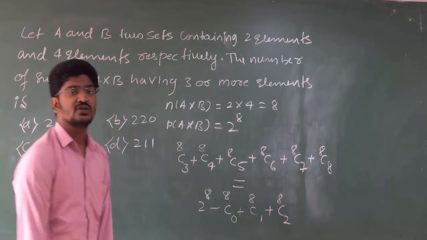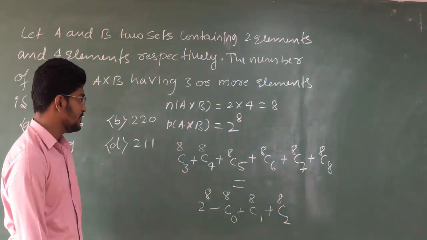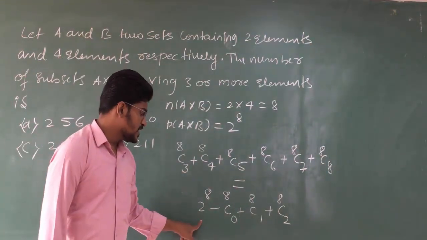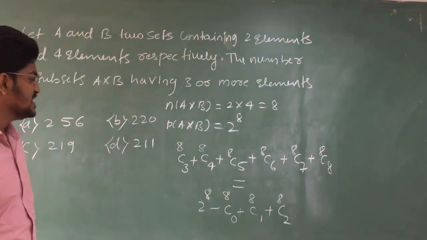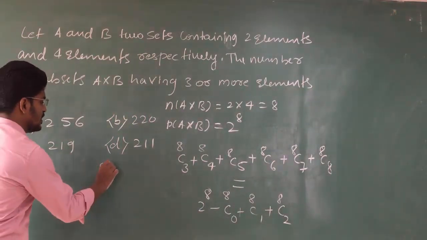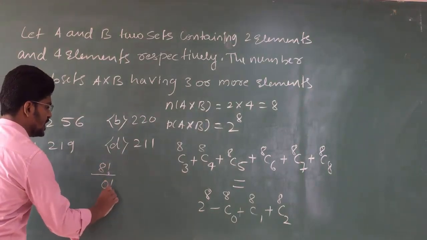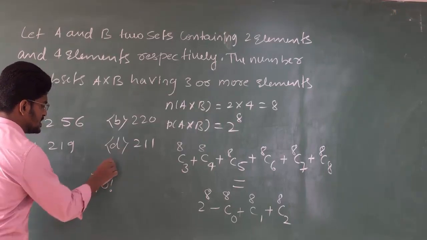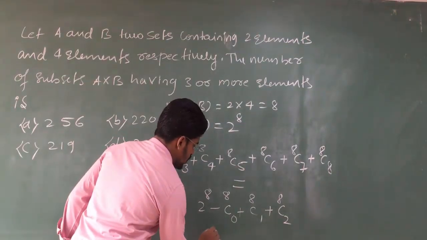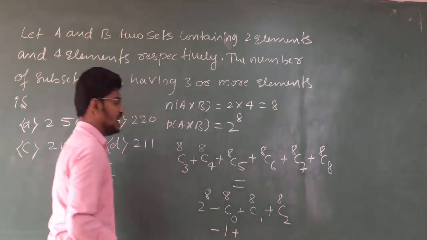So this calculation will be very, very simple. 8C0 means 8 factorial divided by 0 factorial into 8 minus 0 factorial, which is 8 factorial. Cancel this term, so it will be 1.